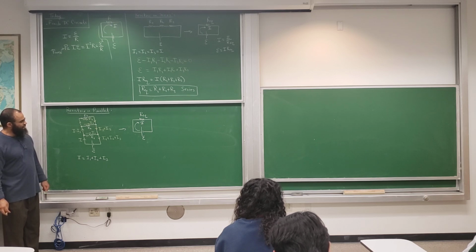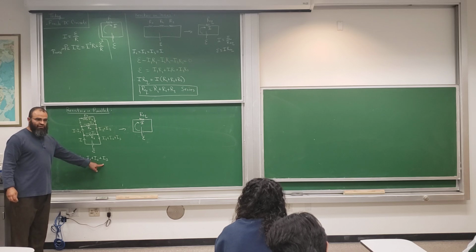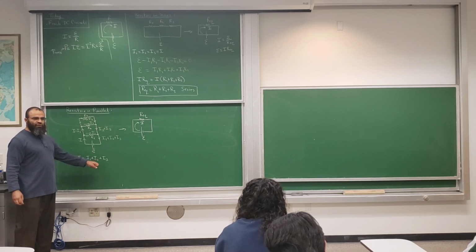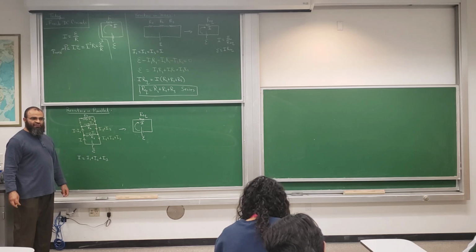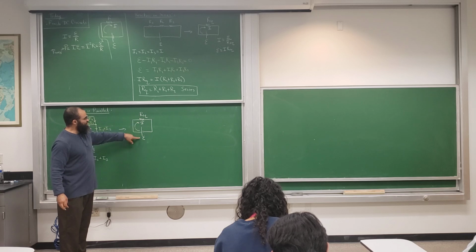Let's look at it: I is equal to I1 plus I2 plus I3. Let's write everything in terms of voltages and resistances. What is I in terms of E and R equivalent?